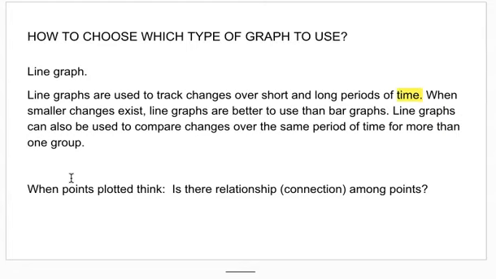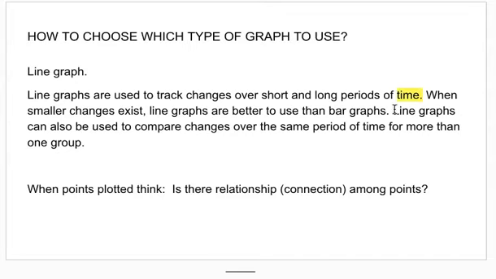But there are some givens here. So let's talk about a line graph. A line graph is almost always used when you're tracking changes over a period of time. So if you're measuring the same thing over time, like how many blades of grass have shown up from the grass seed you planted, every day you record the number of blades of grass that you see growing.